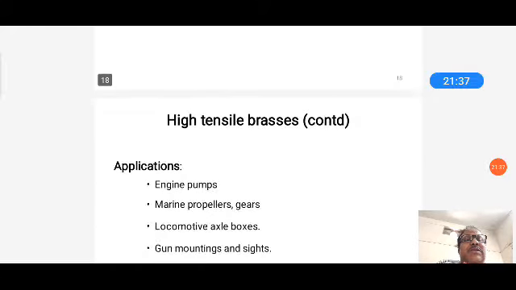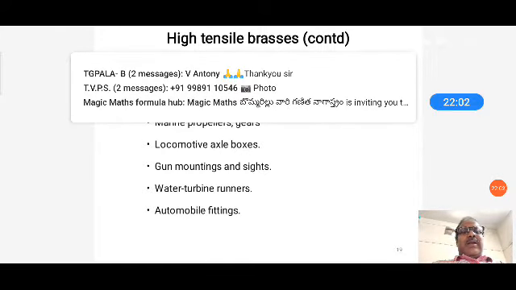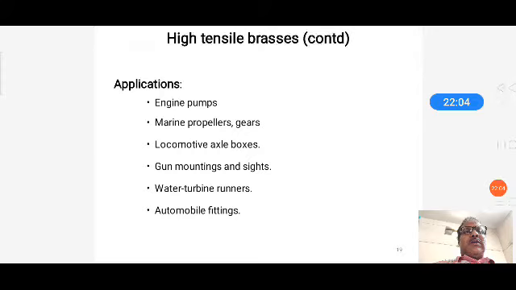These high tensile brasses are used in different applications, that is engine pumps, pump engines manufacturing, marine propellers and gears, locomotive axle boxes, gun mounting and sights, and also water turbine runners, automobile fittings.